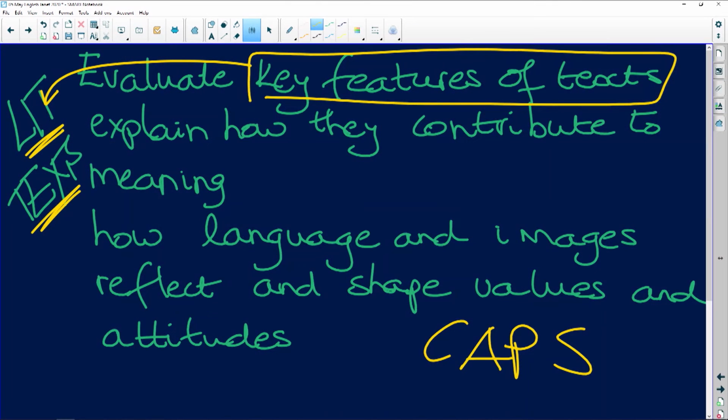I'm sure the grade 7s can start giving me key features. Story, background, mood, atmosphere, conflict, structure, themes, character, characterization. So is that the problem? Okay. Then you're asked to evaluate them and explain how they contribute to the meaning.